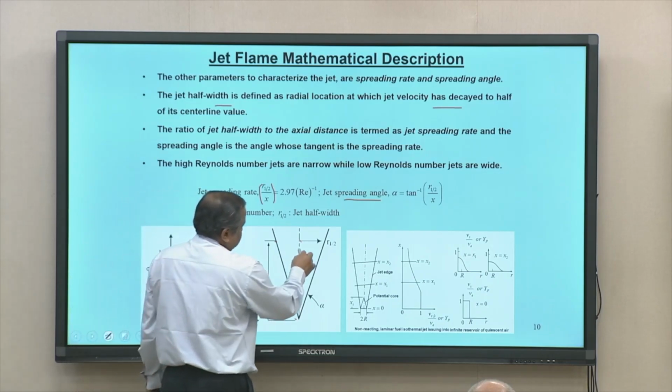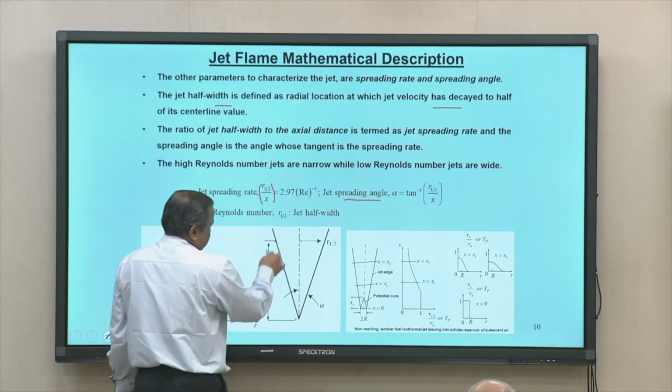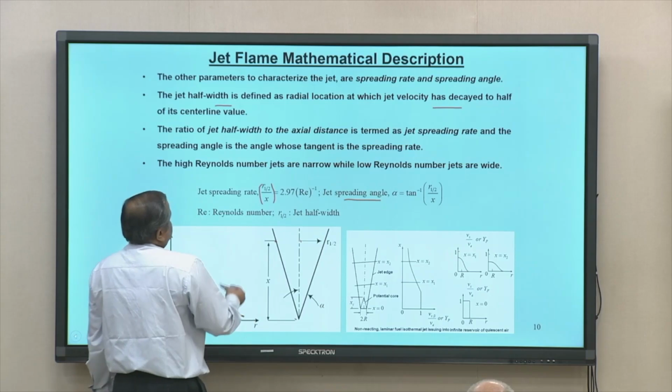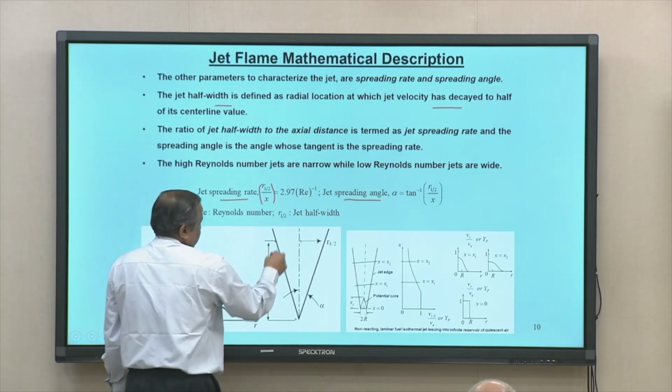So the radial location is in this manner and it decays to half of the velocity, and that distance is x. That is what we call the jet spreading rate, which is r half by x.